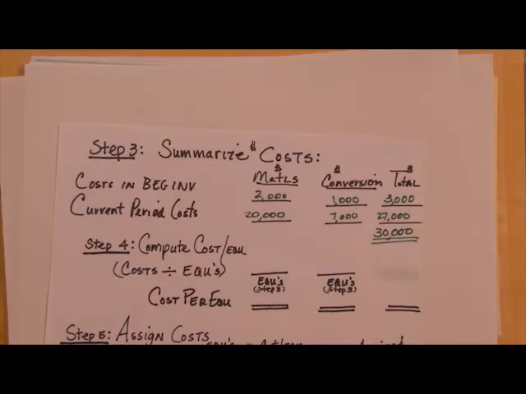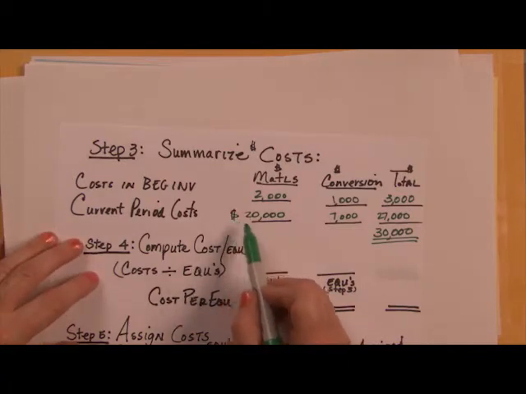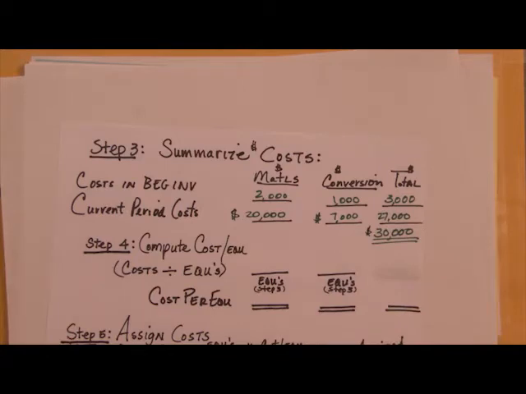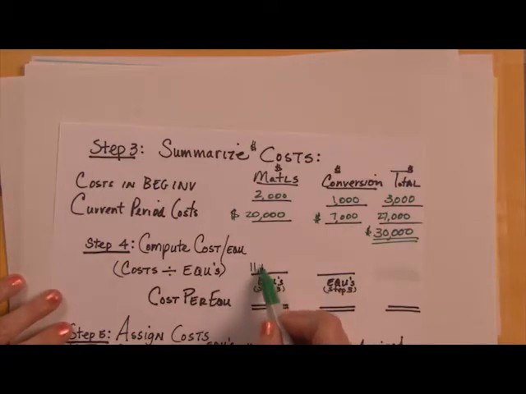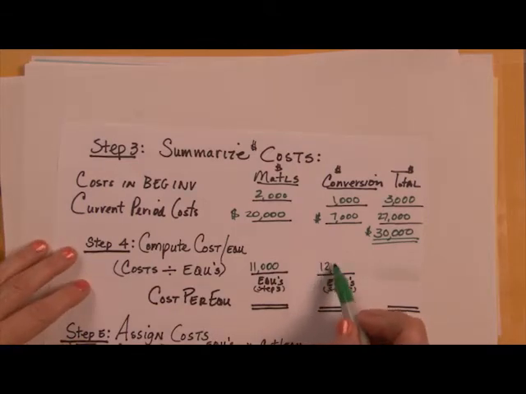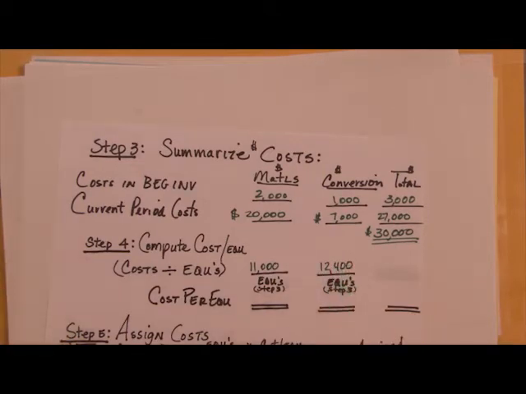We're going to take the costs that we found, and remember to keep straight your dollars and your units. We're going to go back to step 2 and look at the equivalent units that we computed, and we're going to divide the cost by those EQUs. And we will get what's called the cost per equivalent unit.